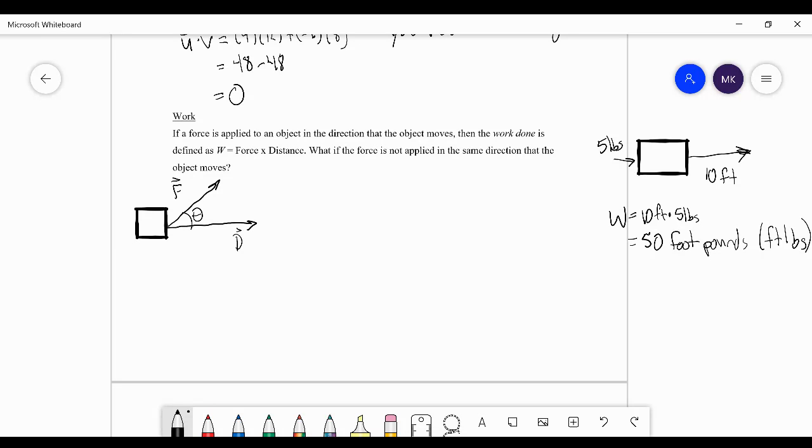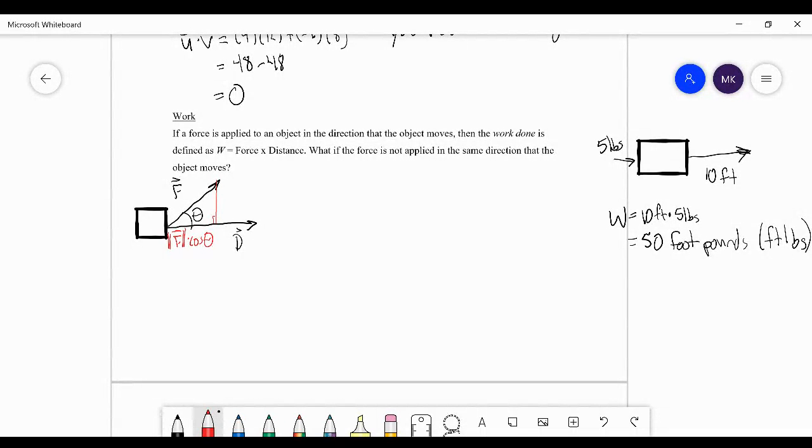What we can do here is we can figure out that the work being done is, so essentially what force is being applied in the exact direction that we're moving. Well, that's very simply, if you want to, we can say that this is the x component, which is the magnitude of F times cosine theta.